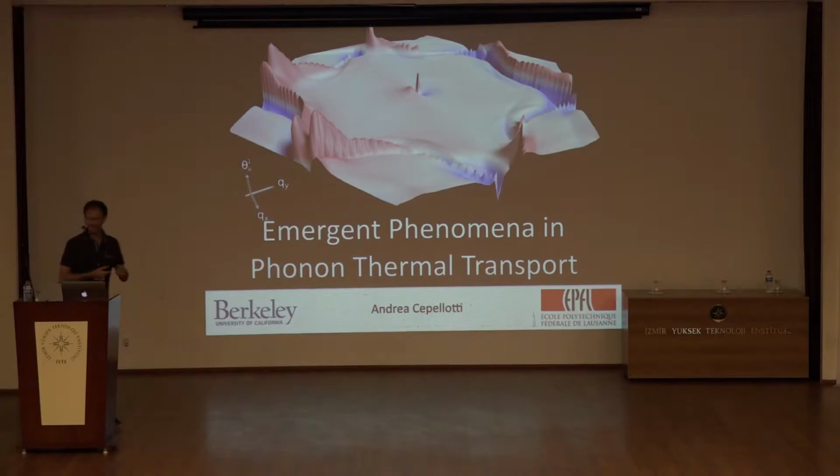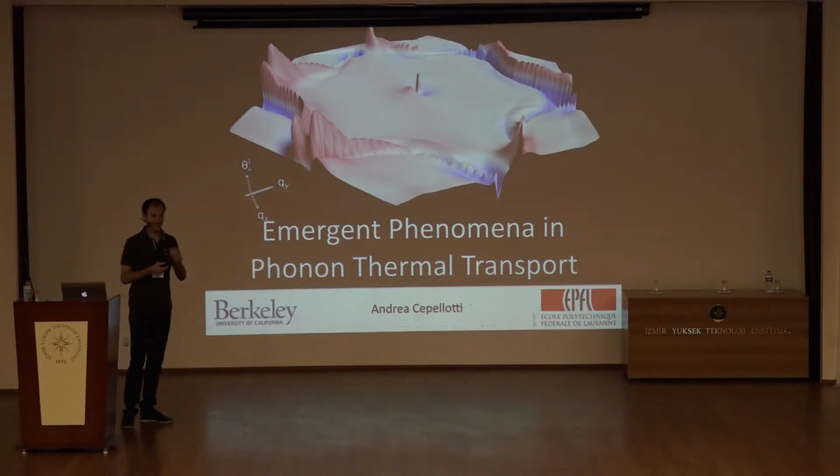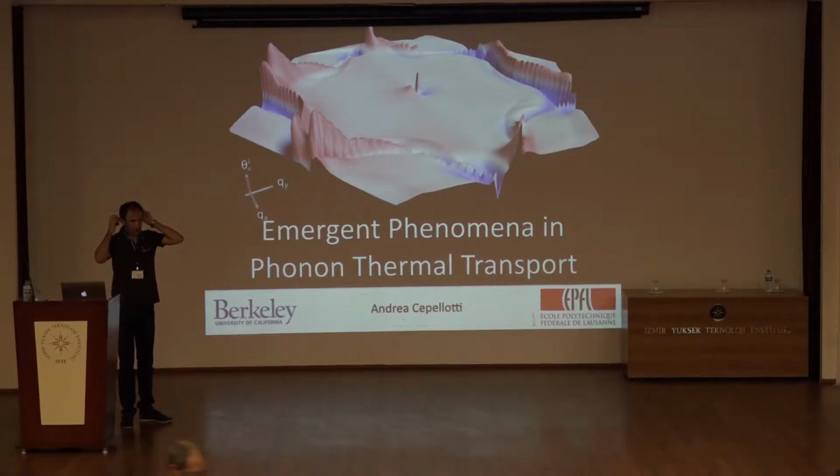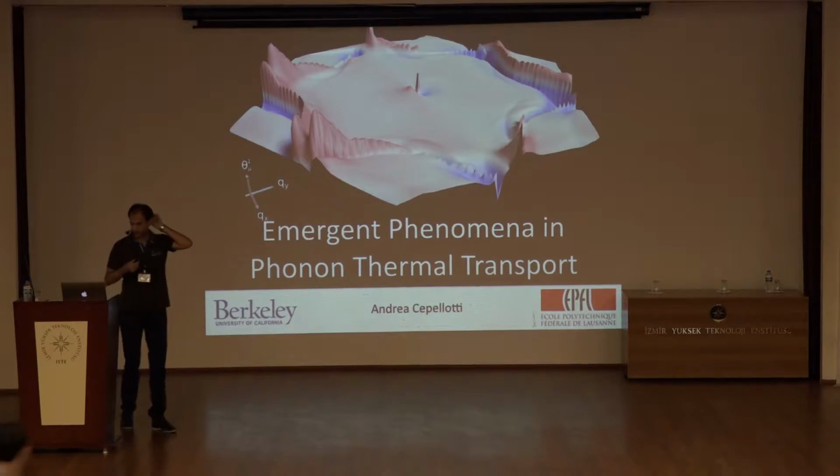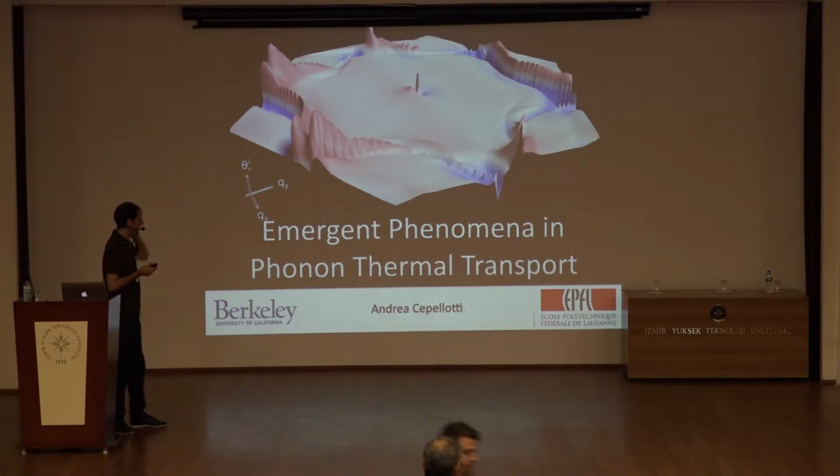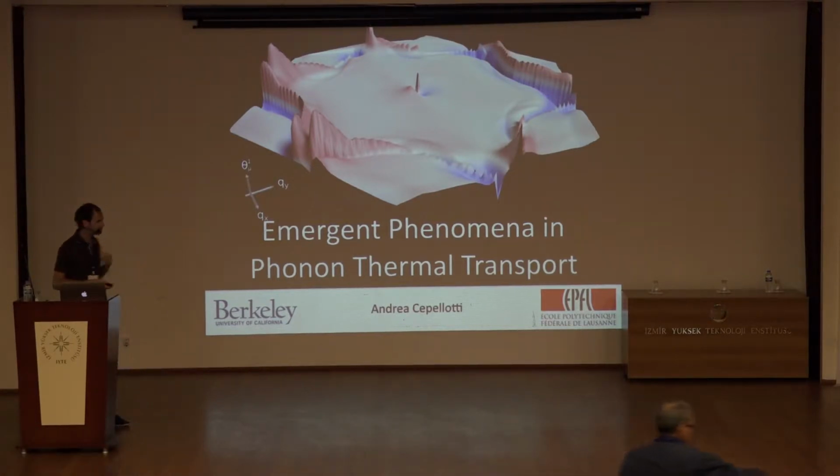Thanks for the introduction and thanks for having me here. Today I'm going to talk about some of the results that I've been working on for a good part of my PhD project.